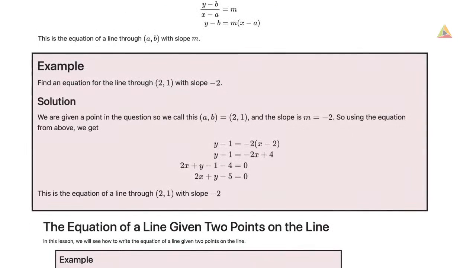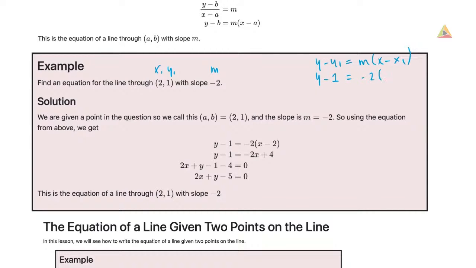So find an equation for the line through 2, 1. So that's going to be x1, y1 with slope of minus 2. So that's m. So again, using the formula, y minus y1 is equal to m by x minus x1. So y minus y1, so y1 is 1, is equal to m, which is minus 2.